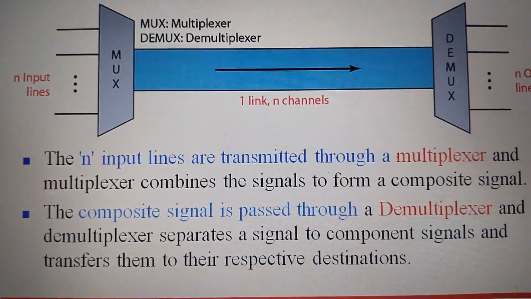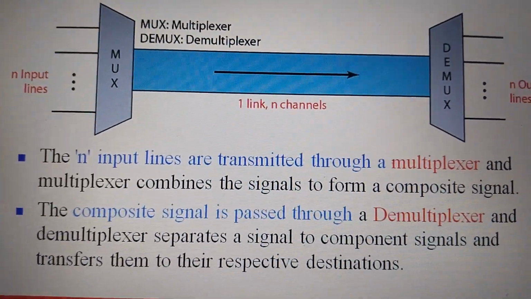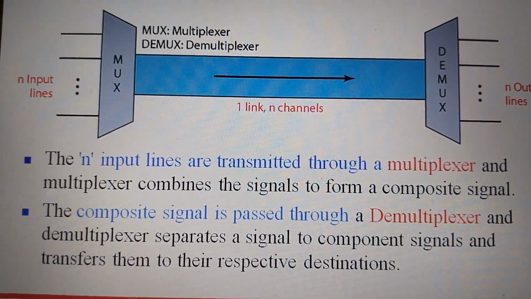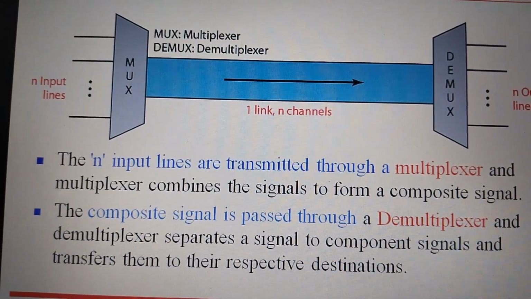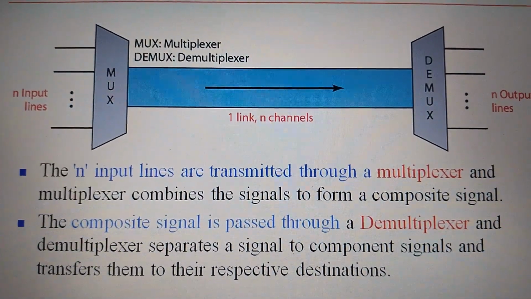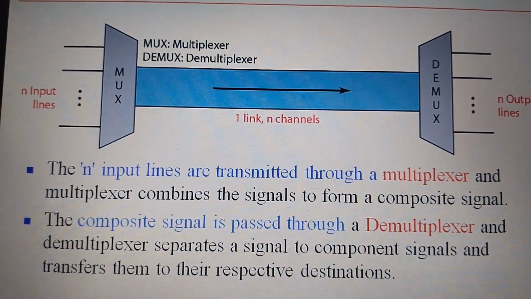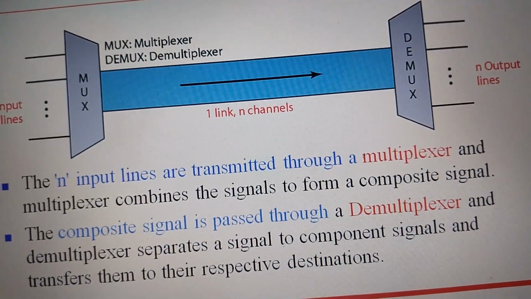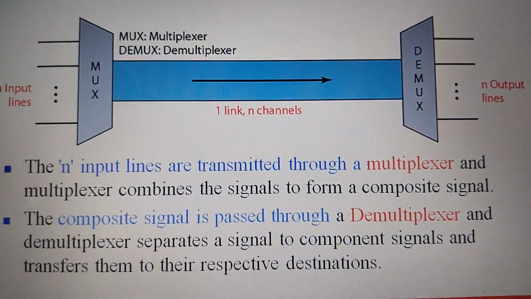The n input lines are transmitted through a multiplexer, which combines all the signal lines and forms a composite signal, that is, a single signal. The composite signal is passed to the demultiplexer at the receiver side, and the demultiplexer separates it into a number of output lines.